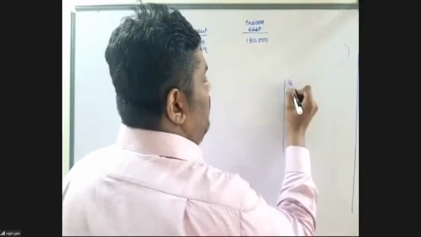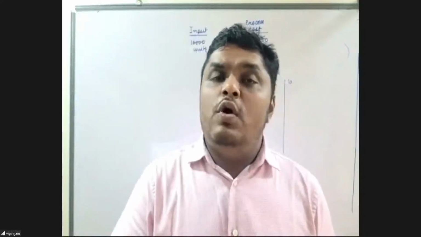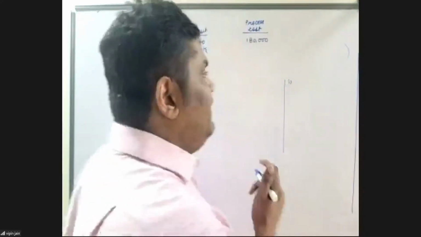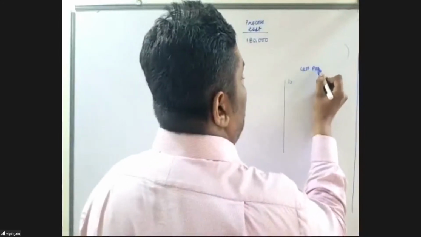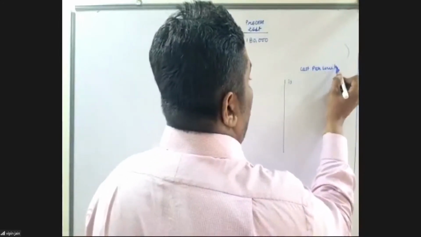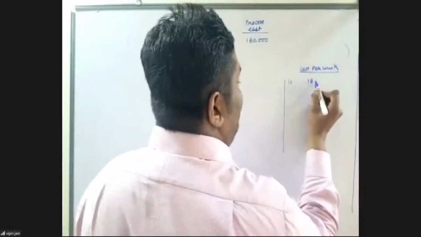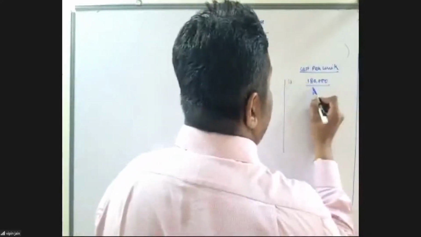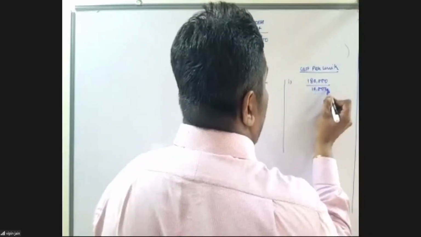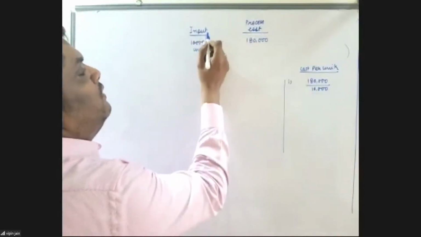Now, it's very easy for us to calculate the cost per unit. Herein, when talking about the calculation of cost per unit, it's very simple. That is, my process cost is 1,80,000 divided by my input, that is 10,000 units.